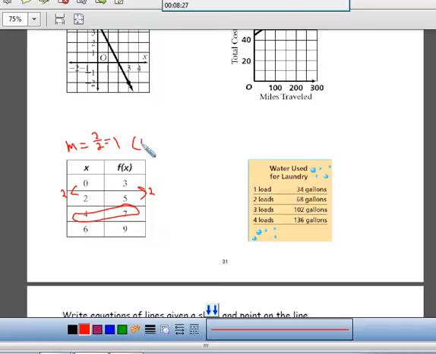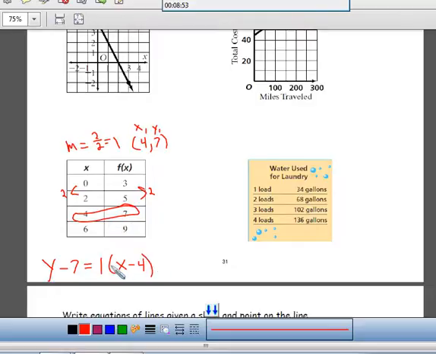So I've got my point 4, 7. Here's my x1. Here's my y1. You might not have room to write this above if you did all that stuff up there, so you can write it below. Our equation then is y minus y1, so that's y minus 7, equals m, that's 1, parentheses, x minus x1, that's x minus 4.